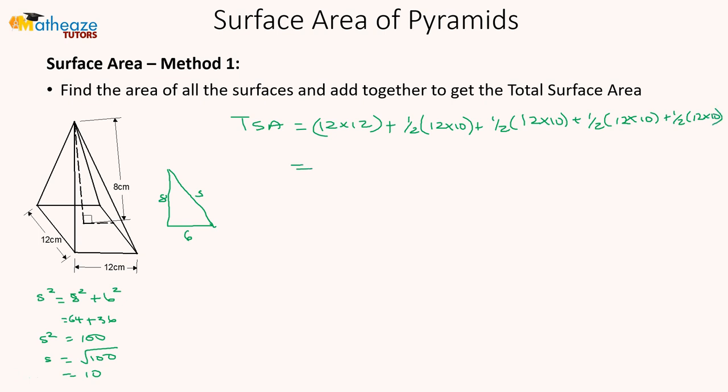So this is going to give us 144 plus 60 plus 60 plus 60 plus 60. So 144 plus 240. This is going to give us 384 square centimeters.